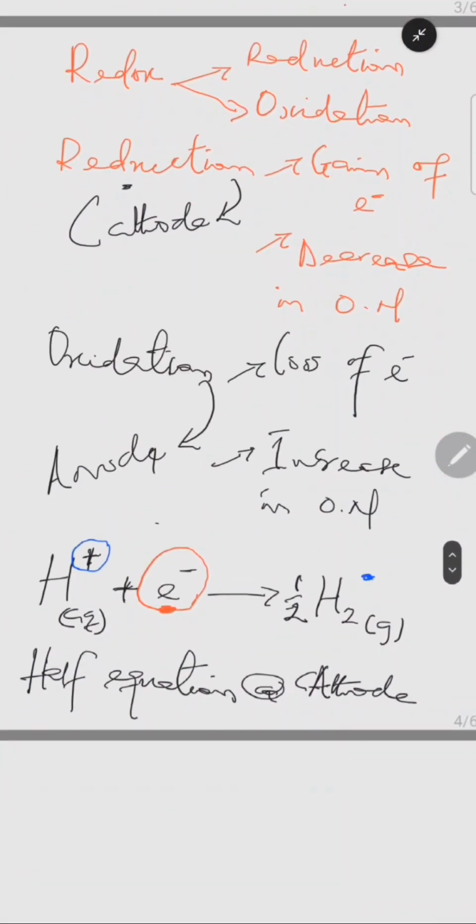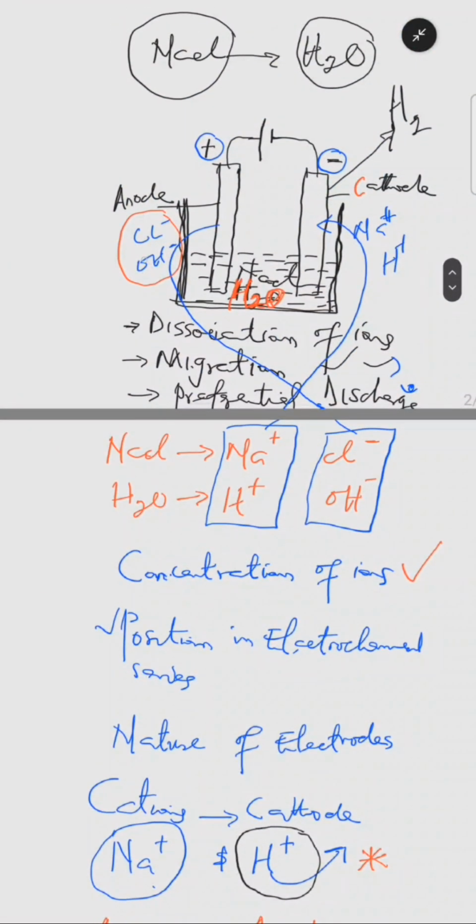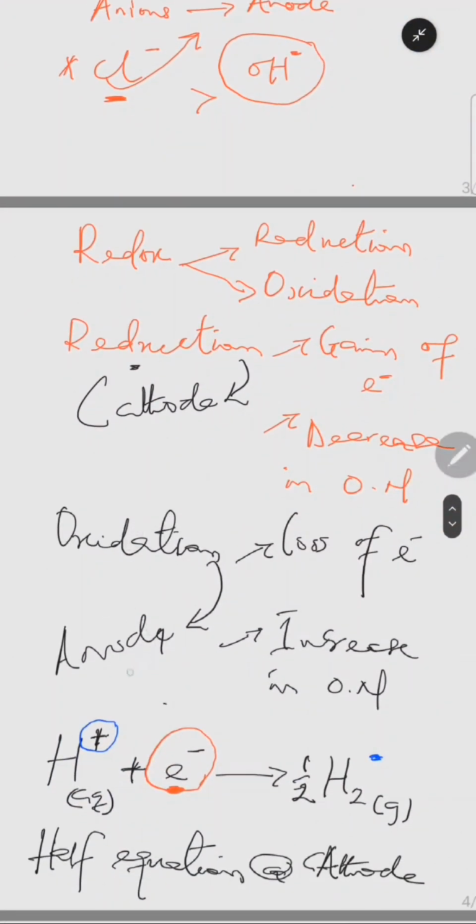How will it be discharged? Don't forget, chloride is found at the anode, so it will undergo oxidation at the anode. And don't forget, the two definitions of oxidation are loss of electron and increase in oxidation number.